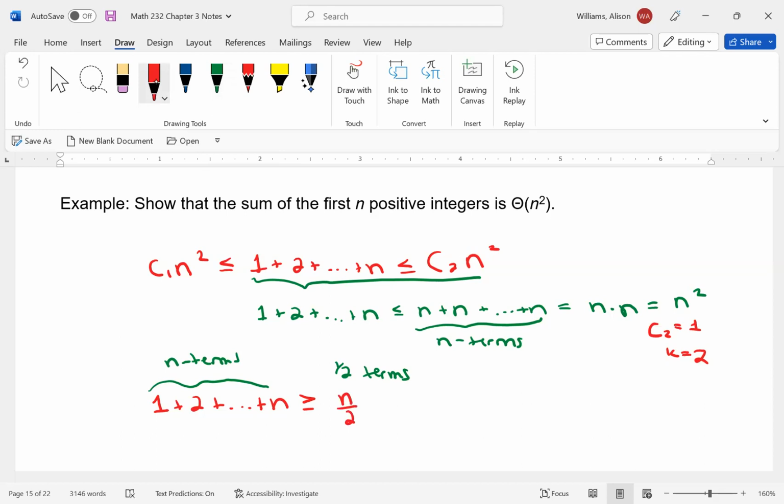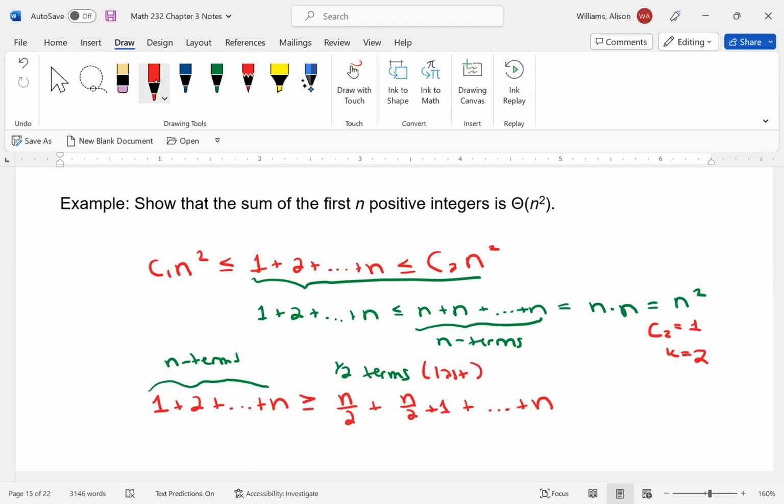For just a moment, we're going to assume n is even, just to make our life easy. You cut n in half, start at that number, and keep adding 1 until I get to n. So I'm looking at the last half of the terms. Clearly that's smaller, because we're only looking at the last half of the terms.